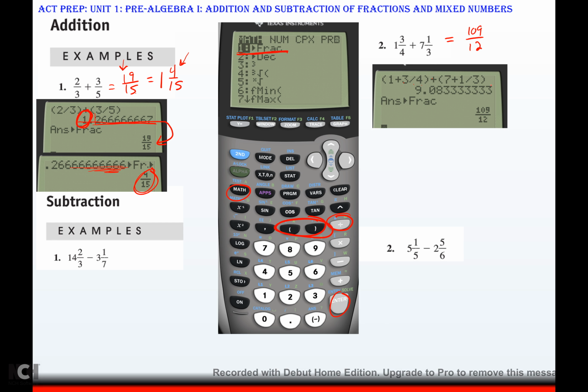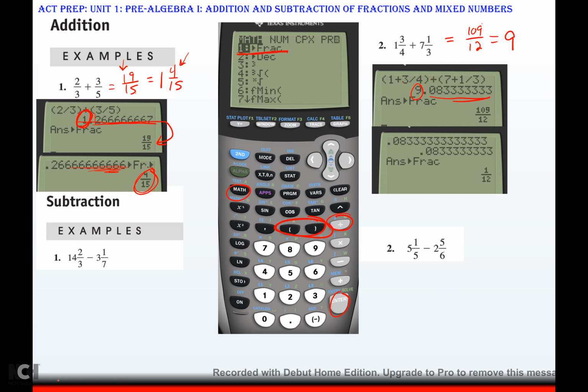Okay, if that answer isn't there, it's probably because the top is bigger than the bottom, and this tells me that it goes in there 9 whole times, and then this I turn into the decimal part. So I type 0.08333333 until it's all the way to the end, and then I math enter it, and it tells me 1/12, which means this as a mixed number is 9 and 1/12.